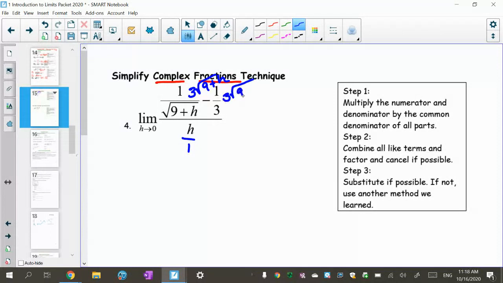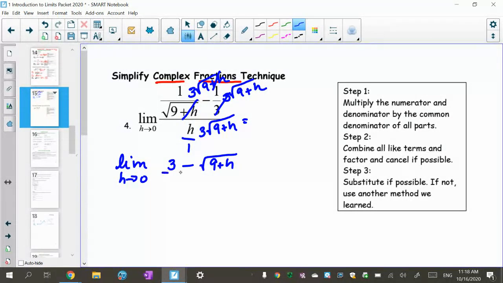When I do that, this is going to be the limit as h approaches 0 of 3 minus radical 9 plus h all over 3h radical 9 plus h.